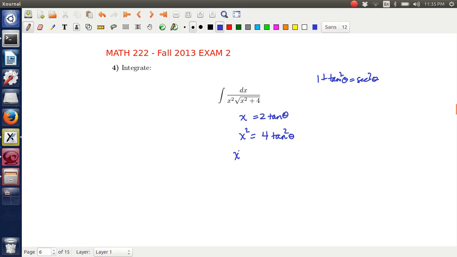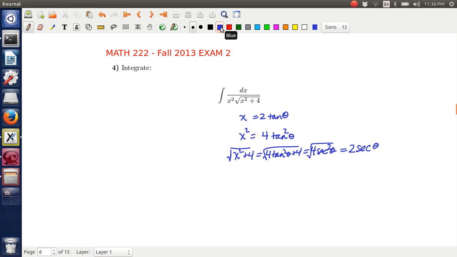Let's see, x squared plus 4 is going to be 4 tan squared plus 4, which is going to be 4 secant squared. Then we're going to take the square root of that, and so then that is going to equal 2 secant theta. Alright, so now we don't need this formula. We're well on our way.